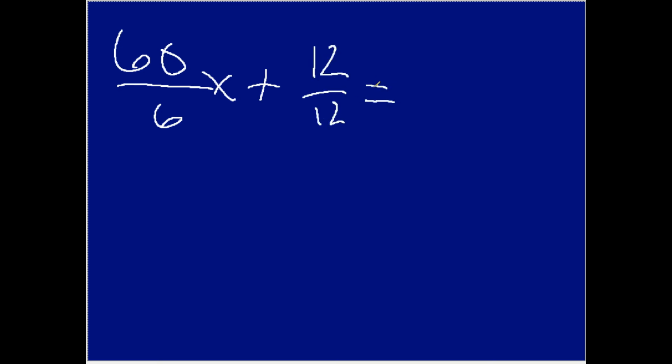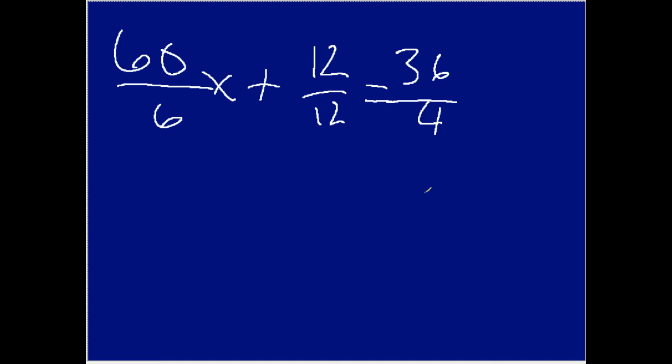And then our final one was 12 times 3, which was 36 over 4. That's what we have. You can see here I multiplied the 5 by 12, I multiplied the 1 by 12, and I multiplied the 3 by 12. And then the bottom numbers stayed the same, because they were multiplied by 1.